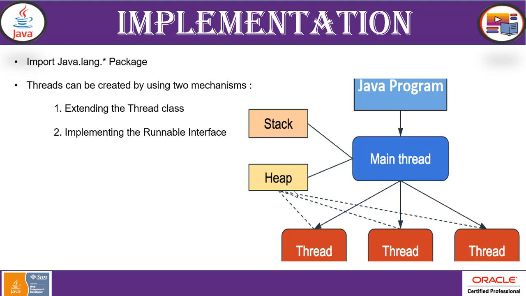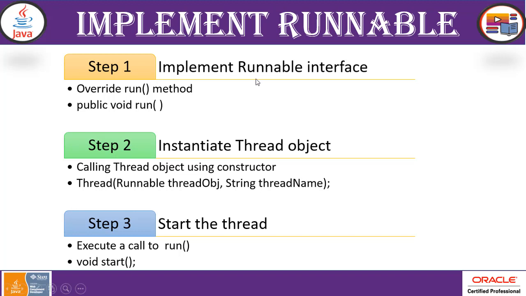And let's take a look at the implementation, how it goes. With respect to multi-threading implemented with the help of the Runnable interface, there are three steps. Step one, we implement the Runnable interface by overriding the run method, and this is how we define public void run, and inside the run method we write our logic, what we have to do in our multi-threading application.